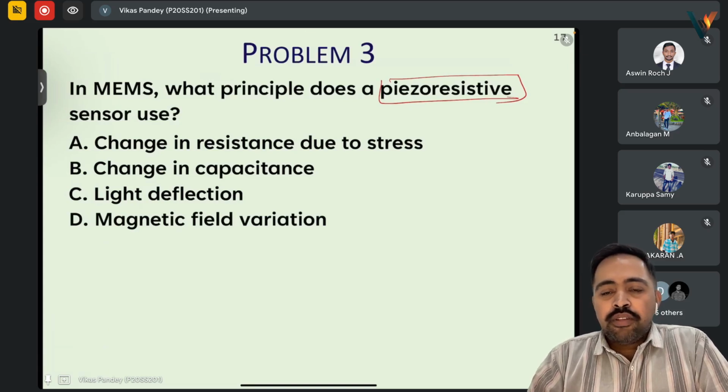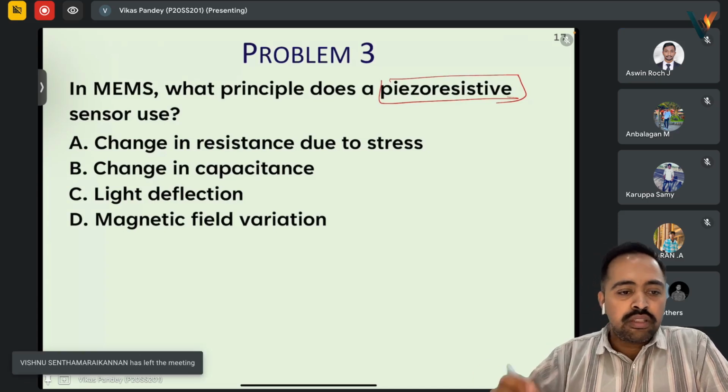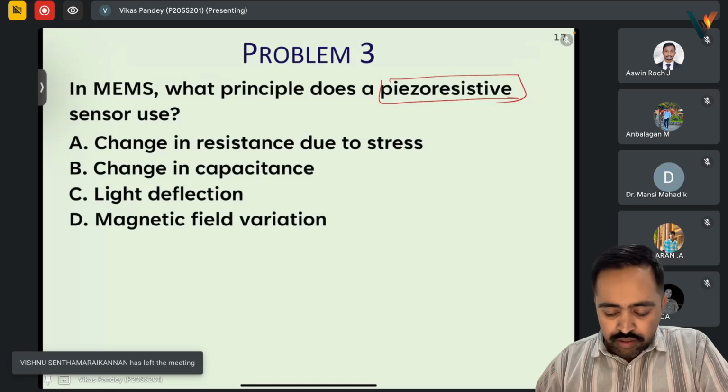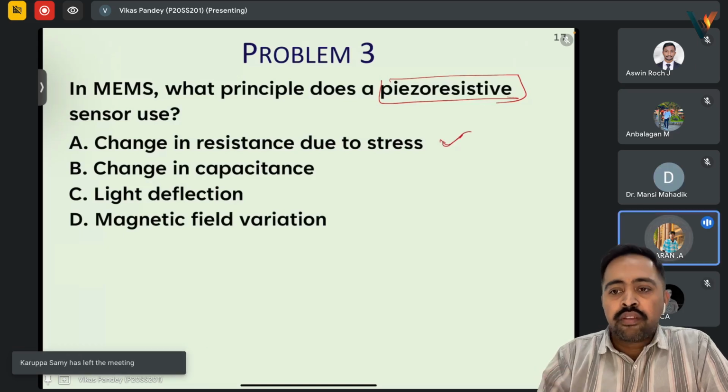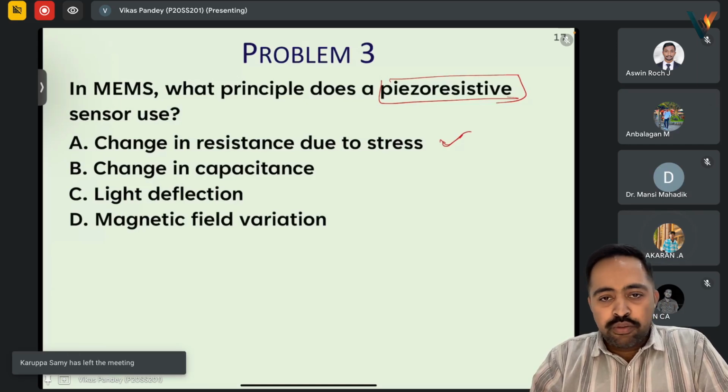Yes, anyone? Change in resistance due to stress. Good, very good. I think Sudhakaran was also trying to answer. Yeah, you can also answer. Same answer, change in resistance due to stress.